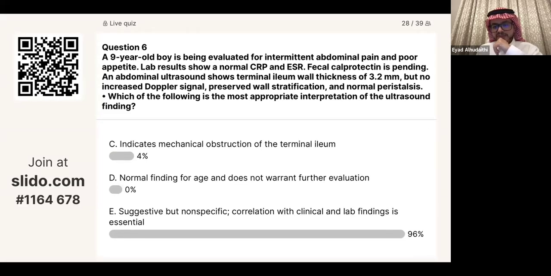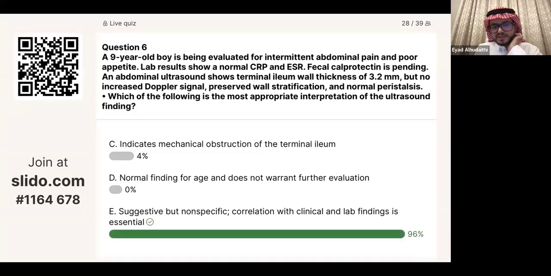Yeah, so most of you have got it right. So the idea and message of this question is how to interpret an incomplete finding of ultrasound. We might have many consultations because of just an abnormal bowel thickening, but it's a matter of when to take it seriously or when to just omit it.